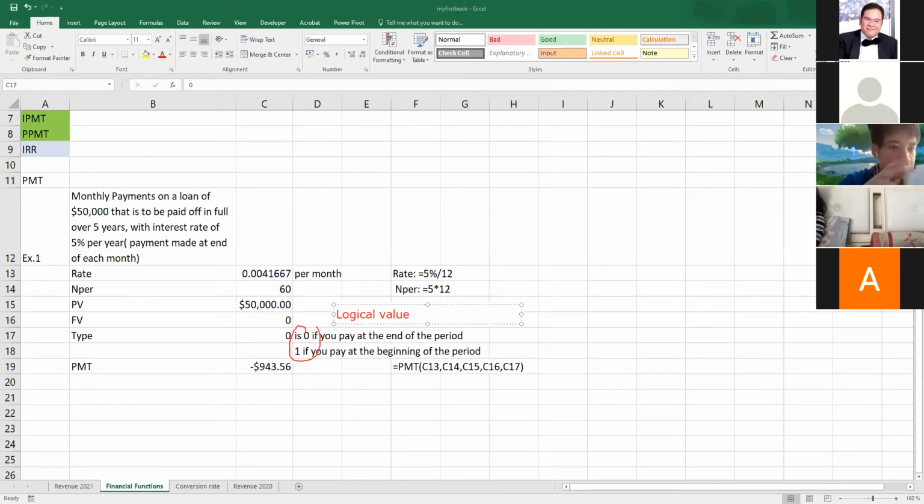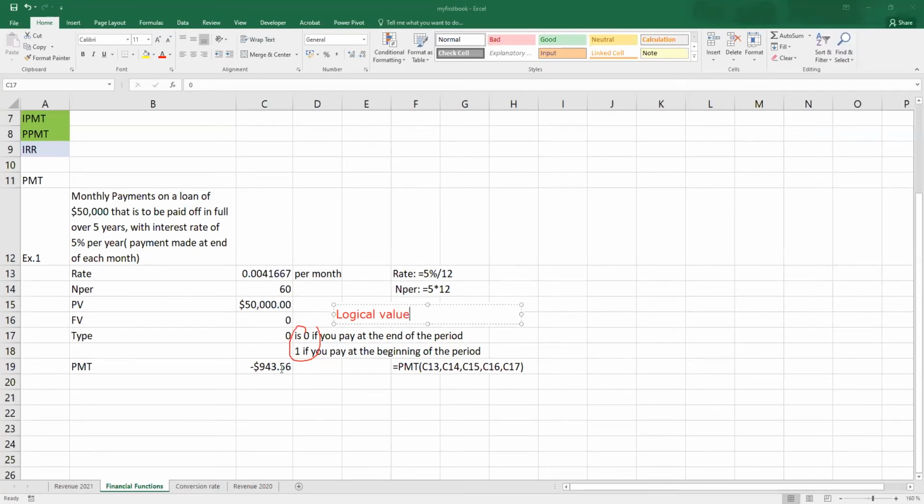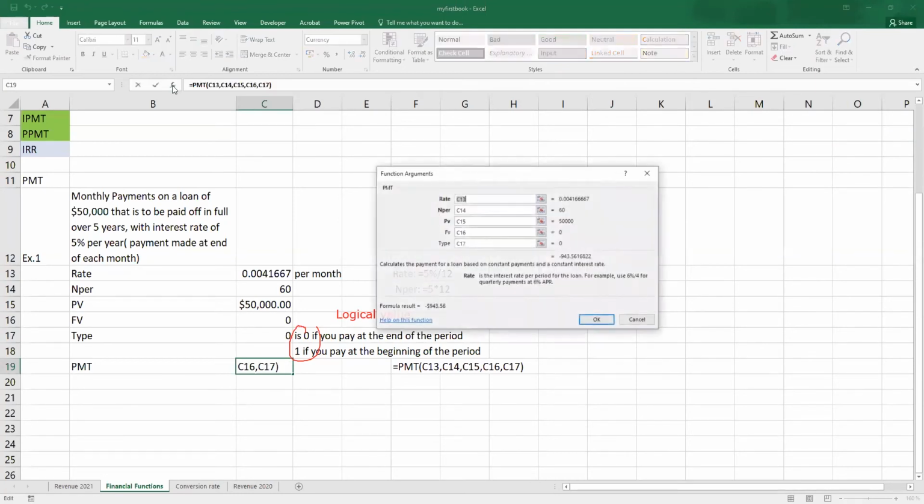Okay, so in this example, you can see that we have formulated these functions by setting all of the arguments here. And after that, the next thing we did in the last class was that we calculated the PMT function by entering all of these values.